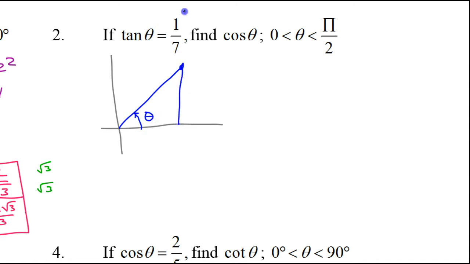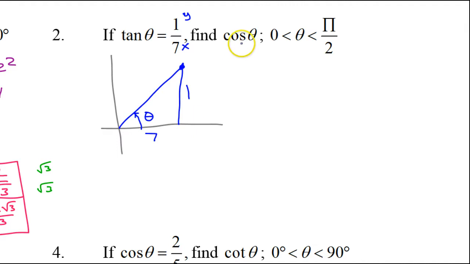All right, now tangent is y over x, in terms of coordinates. So that means the y value is 1, so I'm going to go ahead and put 1 right here. The x value is 7, so that 7 would belong right here.